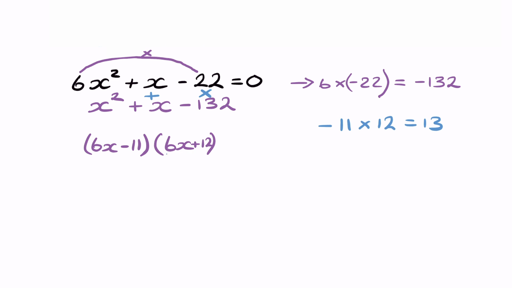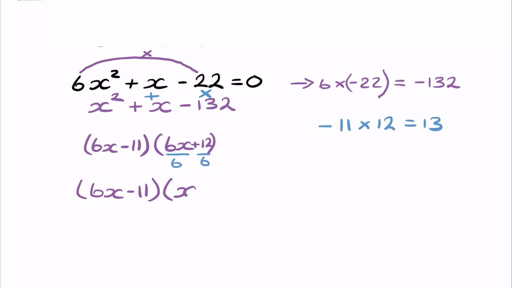So you divide each term by 6, and rewrite the bracket, you end up with 6x minus 11 in the first bracket. The second bracket, 6 divided by 6 is 1, so that just becomes x, and 12 divided by 6 is 2, so this bracket is x plus 2. Now that equals 0, and to go ahead and find your solutions, you take the coefficient of the x in the first bracket, you're going to take this and you're going to make it the denominator of the number here.